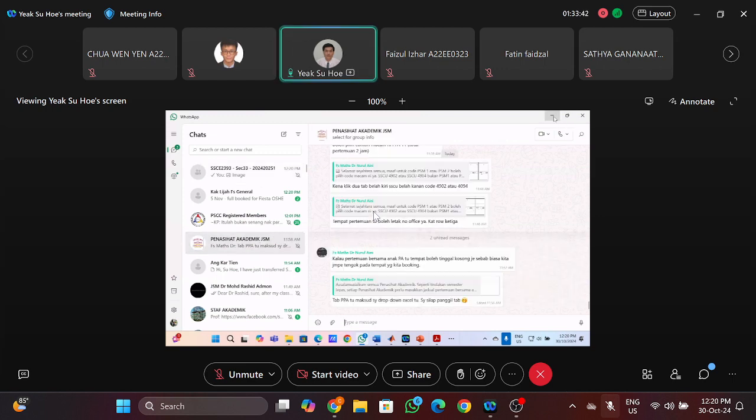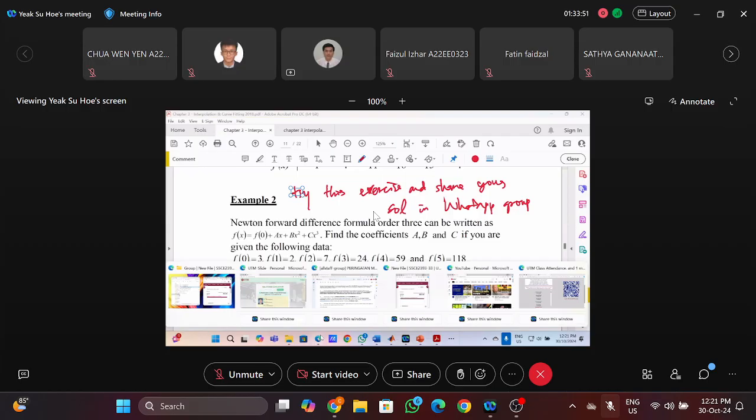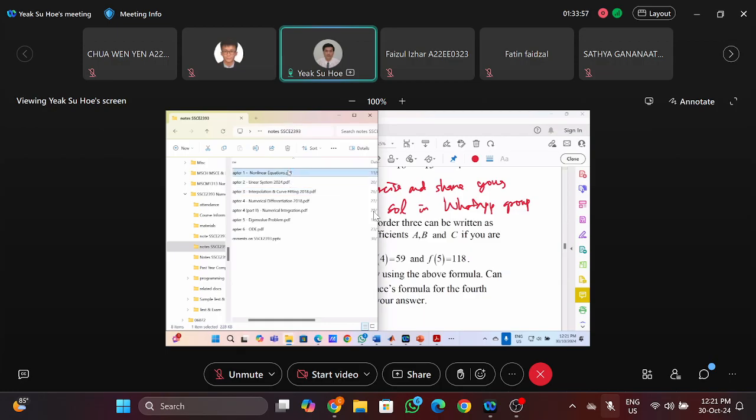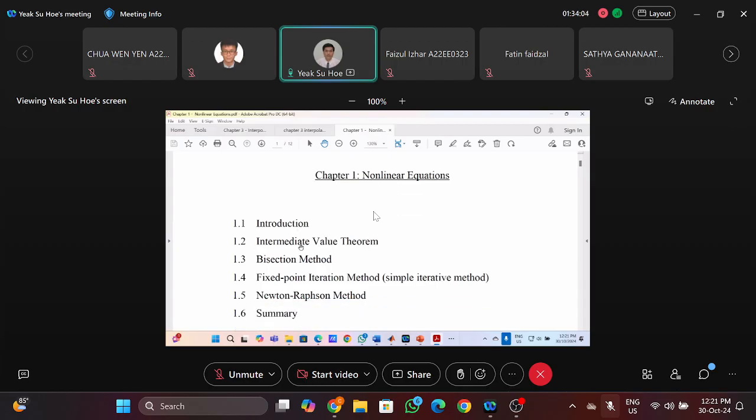Okay, so now we still have some time, so I want to do some revision on nonlinear equations before your quiz one. So there are a few techniques.